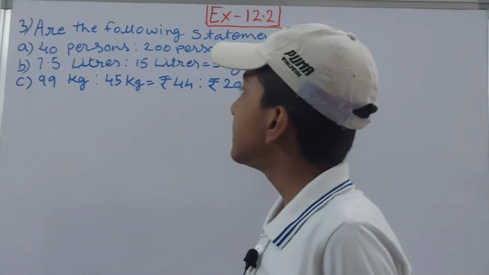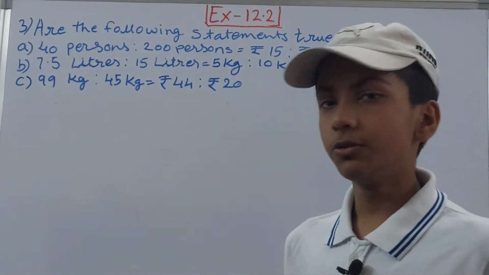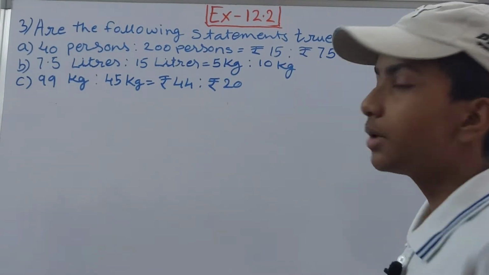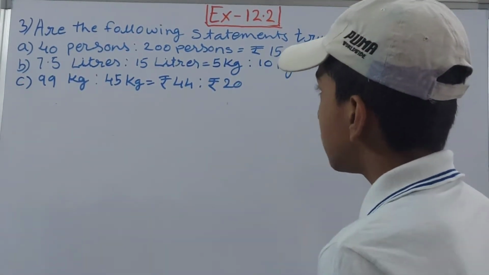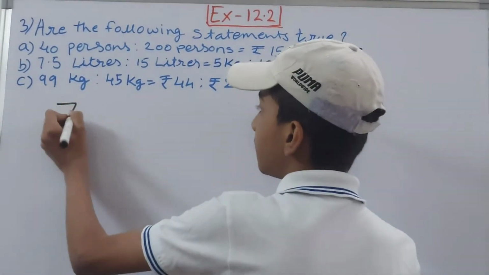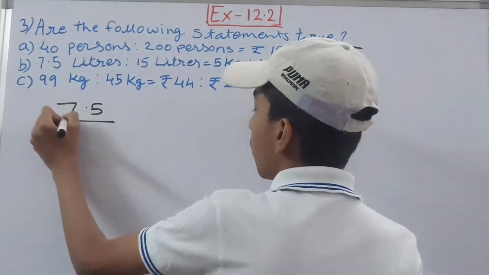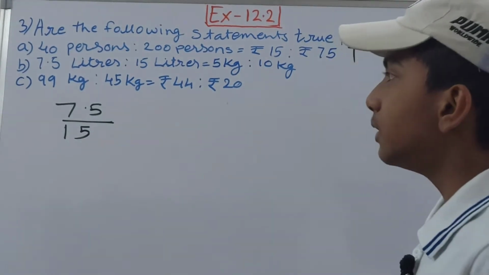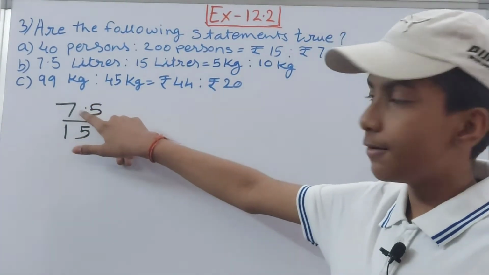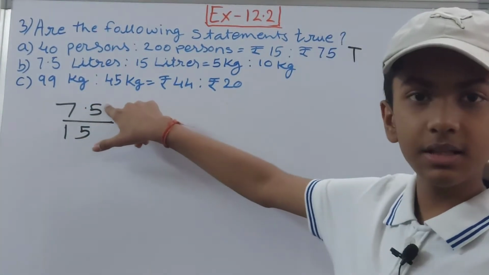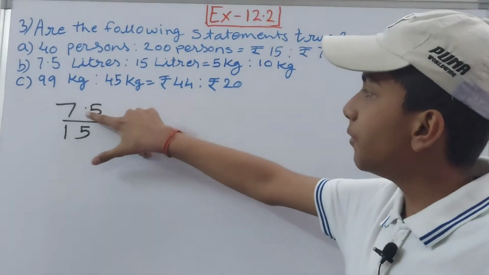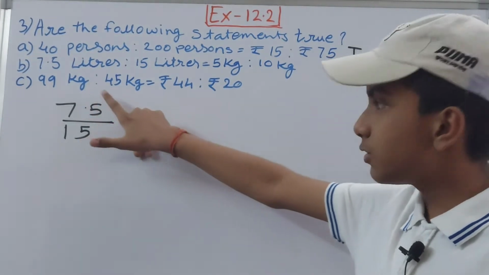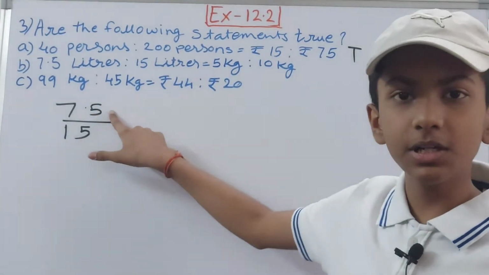Now, next part is 7.5 liters is to 15 liters is equal to 5 kg to 10 kgs. Right. Let us see how. Again first of all simplify 7.5 upon 15. Now how will you get this decimal off? If you have to remove this decimal, you will multiply this by 10. If you multiply by 10, then this decimal will move one place to its right, as we have studied in decimals.